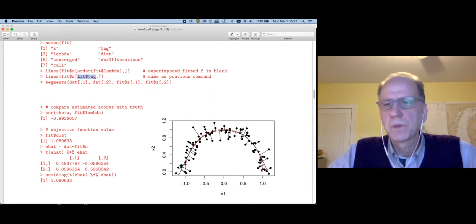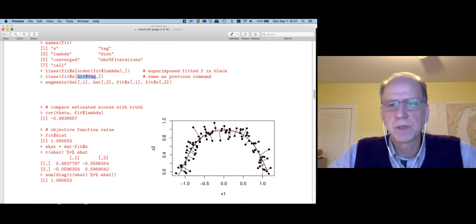And the black line does a very good job of approximating the red curve, except around the endpoints. So principal curves has some difficulty capturing that last bit of curvature on the ends of the red curve. But once you get a little bit beyond the ends of the curve, the black curve and the red curve fall pretty much on top of each other.